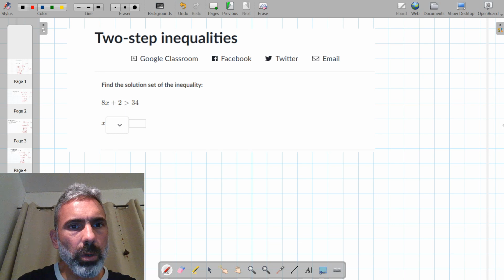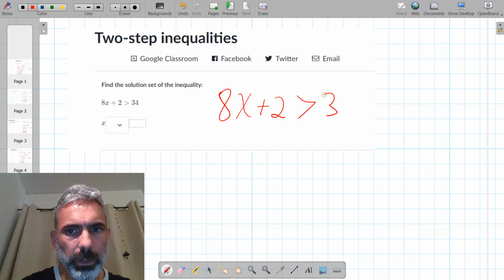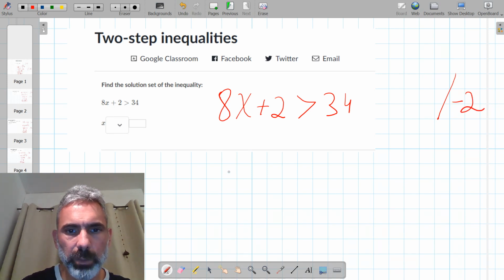Find the solution set of the inequality. So the inequality says 8x plus 2 is greater than 34. So first I will eliminate the 2 from both sides. So I subtract 2 from both sides of the inequality.